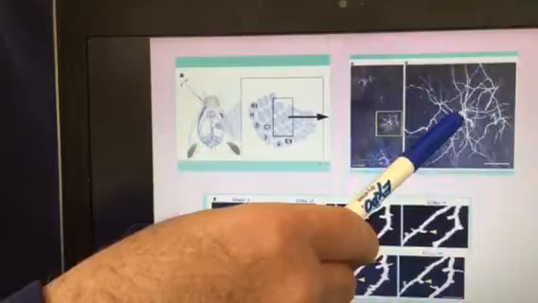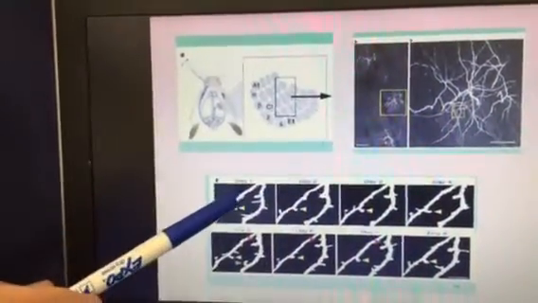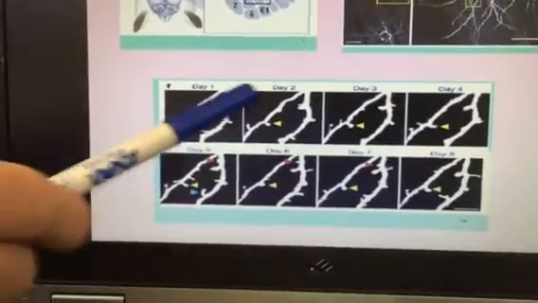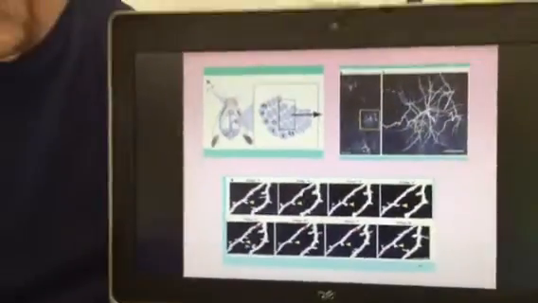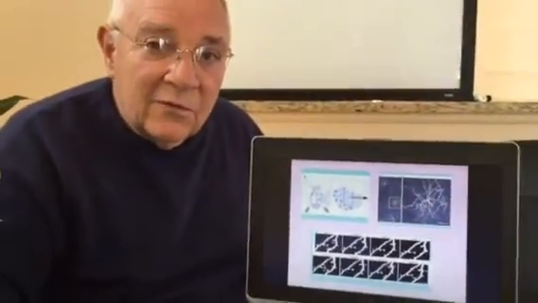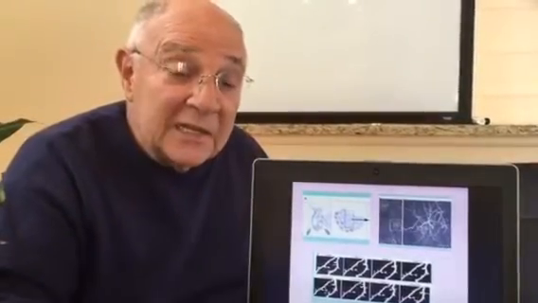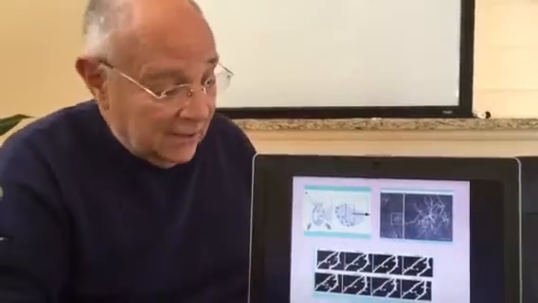And when they looked at those brain cells, they looked at the area where the synapses were. And what they found was that over time, some of those synapses went away and some of them were formed, so that your brain is constantly learning things and forgetting things by actually changing.